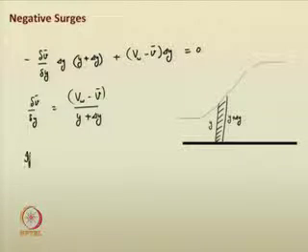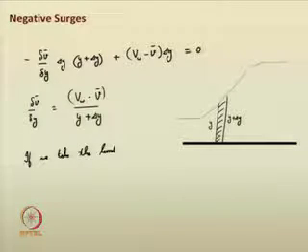So, if we take the limit delta y tends to 0, then this becomes a more standard form.